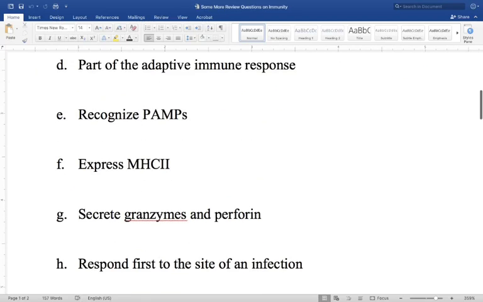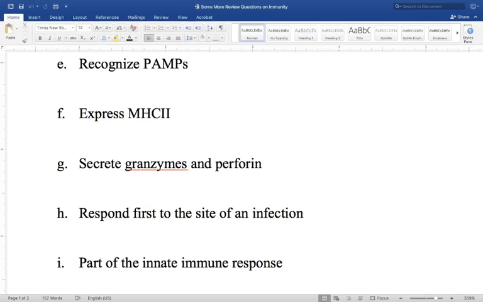Which of these recognize PAMPs? Pathogen-associated molecular patterns. Macrophages and neutrophils. What is an example of a PAMP?